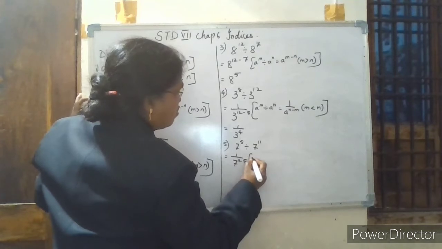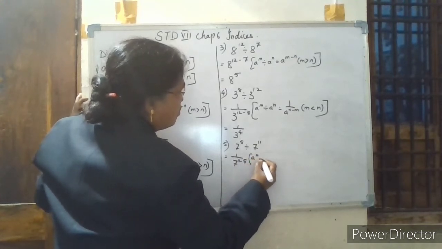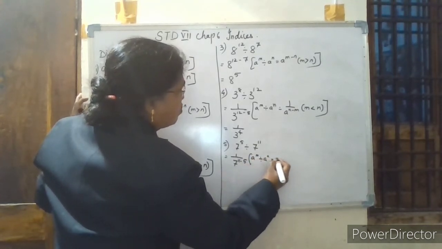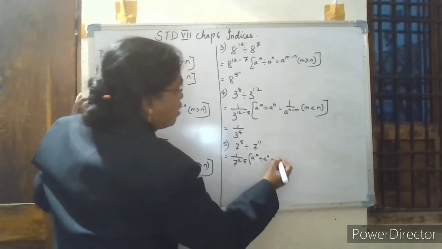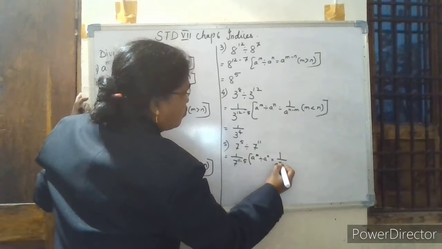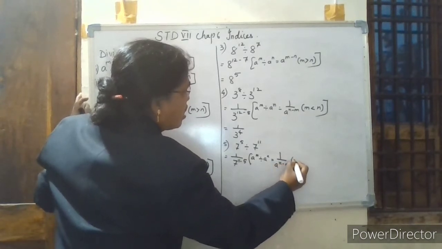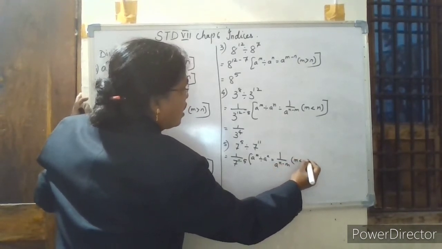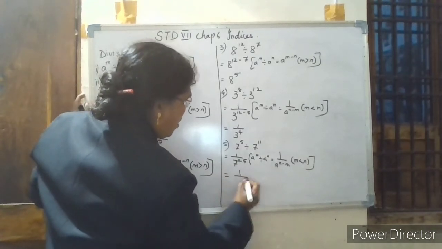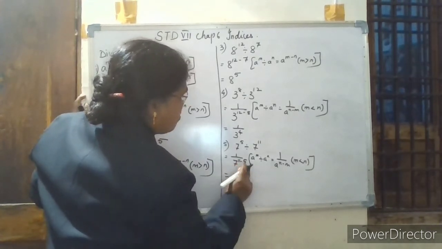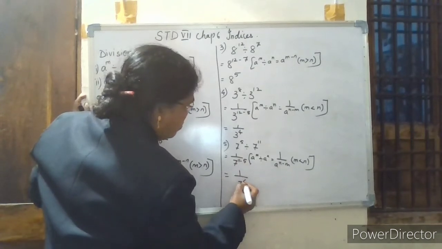This is because of a^m divided by a^n is equal to 1 by a^(n-m), because m is smaller than n. So this is equal to 1 by 7 raised to 11 minus 5, which is 6.